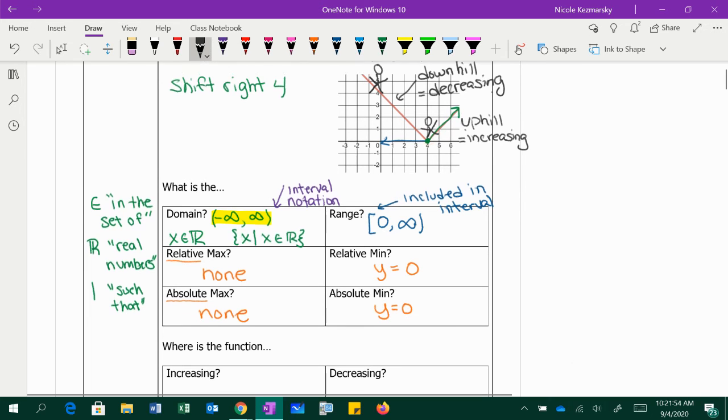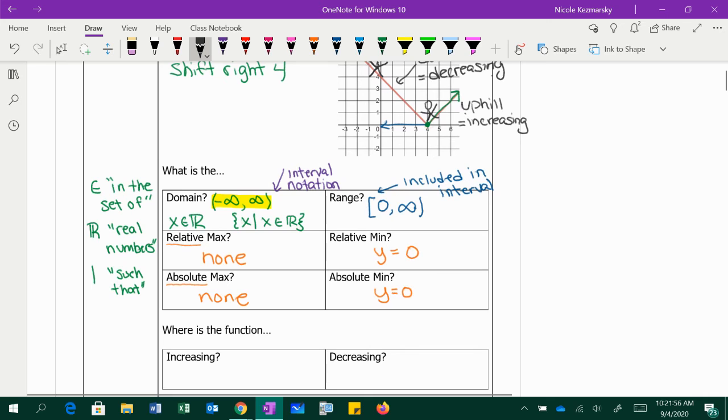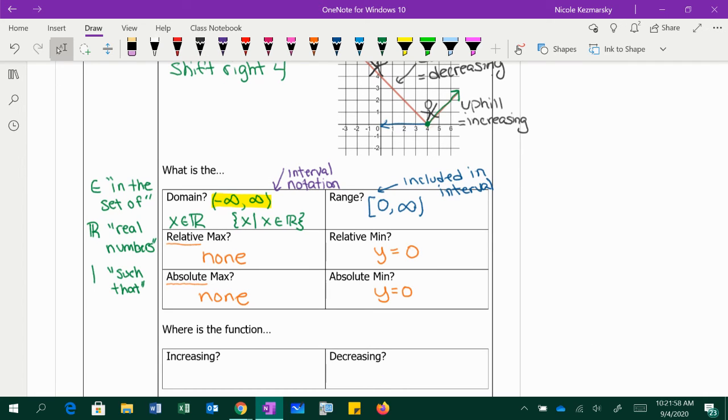So on this graph, the person starts way uphill. I mean, forever uphill. We're talking infinity. And so the person is starting at negative infinity, because we're talking about x values. So increasing and decreasing are x values. And continues to decrease until he hits the bottom of the hill, and that happens at 4.